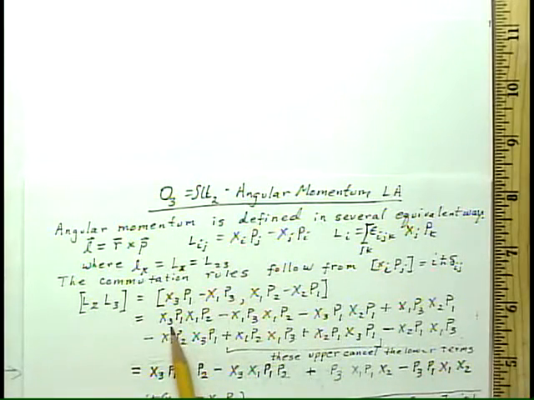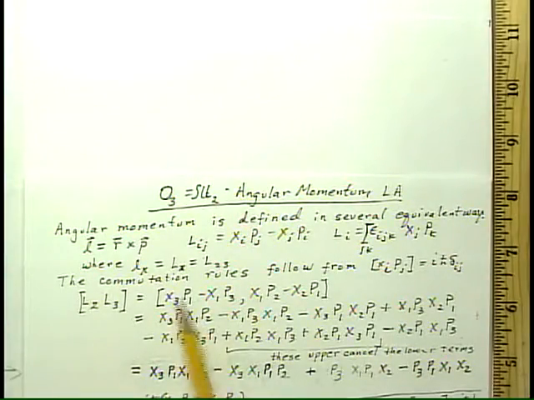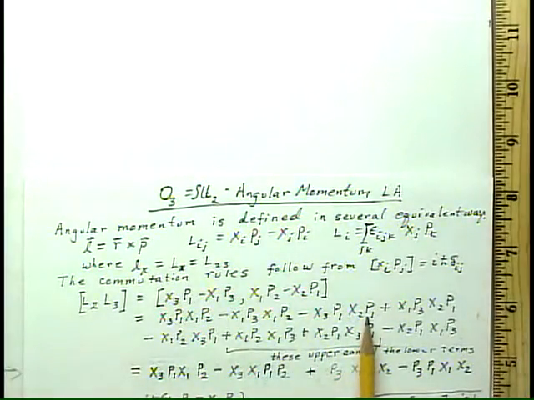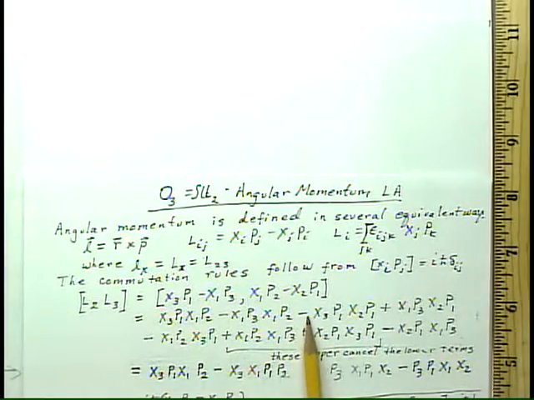So working through those, we begin with x_3 p_1 times x_1 p_2. Next we take minus x_1 p_3 times x_1 p_2. Now we've taken both terms times this. We now take both of the terms times the second term. So we have x_3 p_1 times x_2 p_1, and that of course has a minus sign from right here.